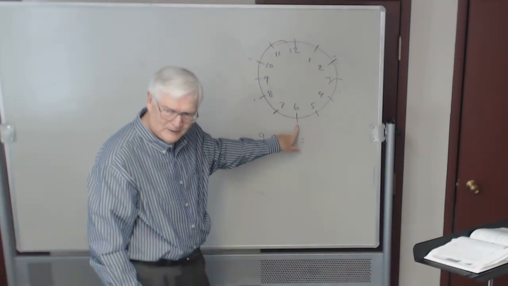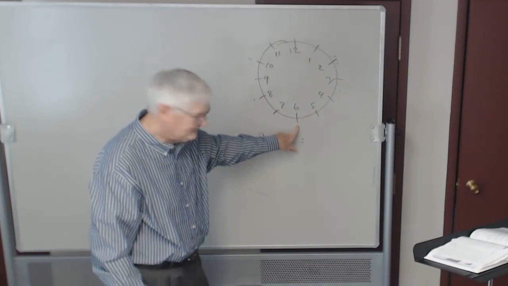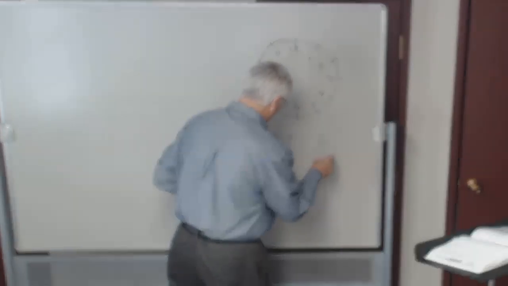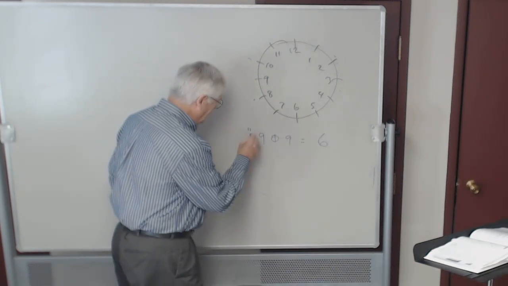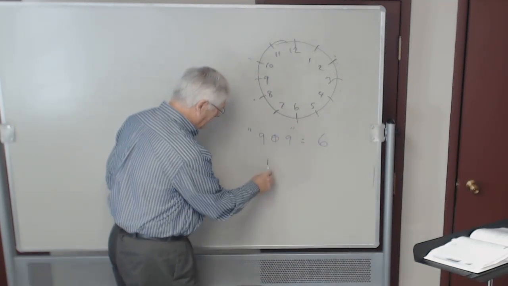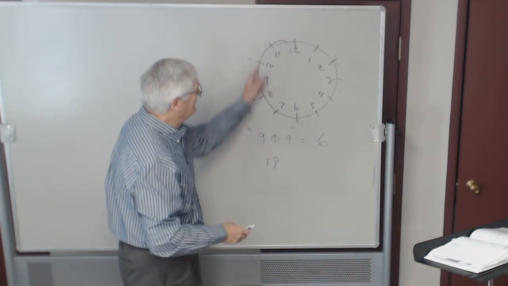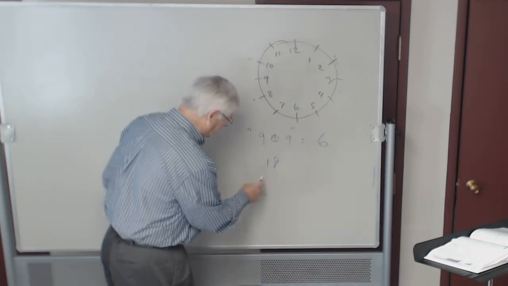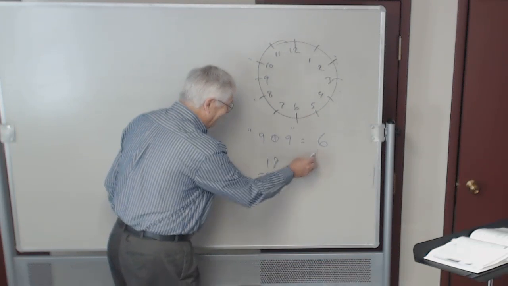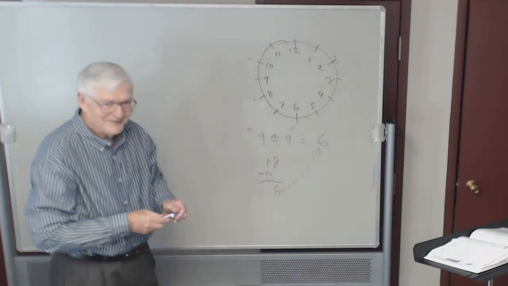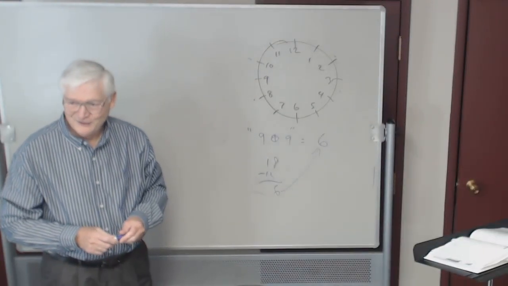And I would end up at 6. But watch this. In your head, what's 9 plus 9? 18. But clock arithmetic only goes to 12 and starts over. So subtract 12 from that, and what do you get?